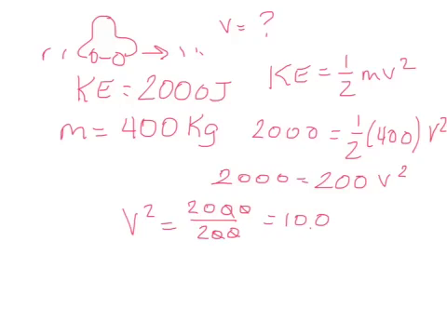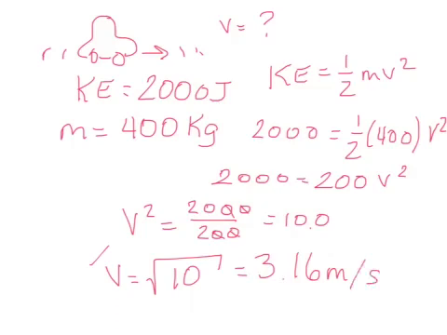So velocity squared is 10. So velocity is the square root of 10, which is 3.16 meters per second. So your velocity is 3.16 meters per second.